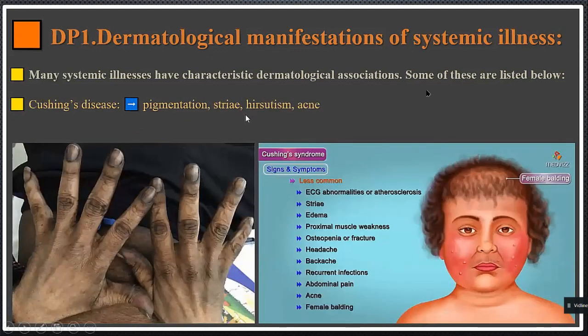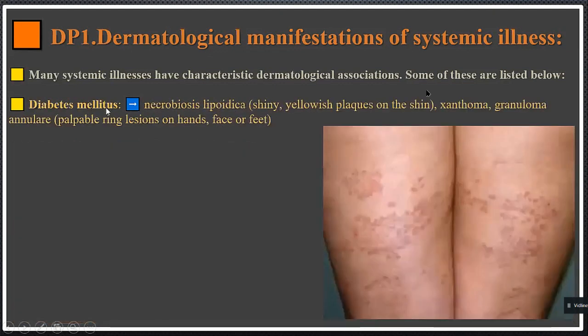And here, pigmentation, striae, hirsutism, acne. So you can diagnose Cushing disease until proven otherwise. And here, as you see, maybe xanthoma, maybe shiny yellowish flakes on the skin, maybe granuloma. It's a palpable ring lesion on hands, face, or feet.